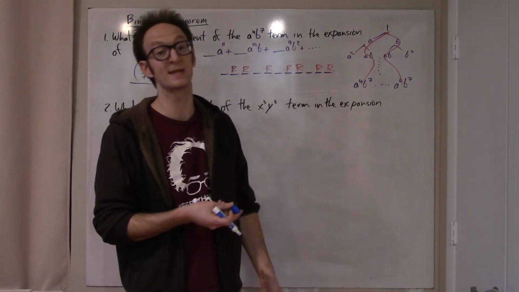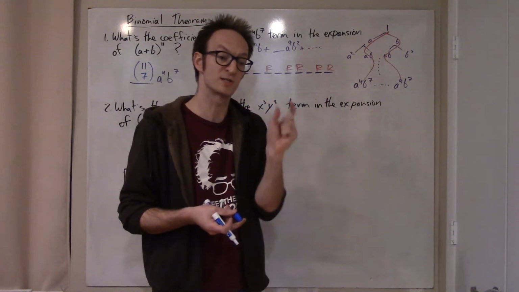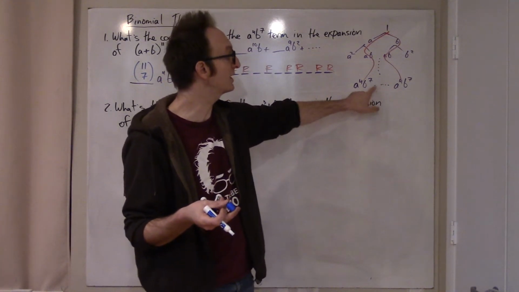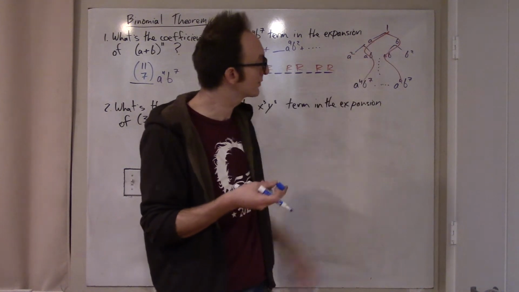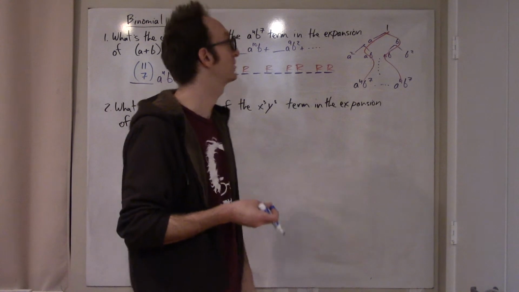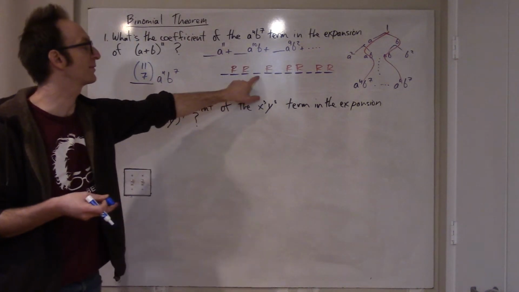Of course, when you combine like terms, because multiplication is commutative and associative, you merge them all together. But by keeping the tree, you can actually trace the order in which that a to the fourth, b to the seventh term was created, the order of the multiplications. And that's what's being represented here.